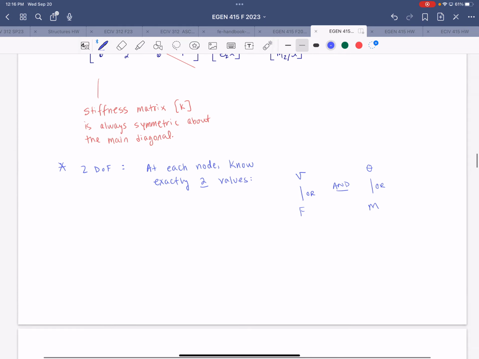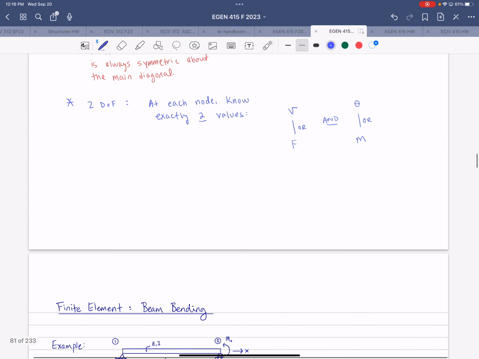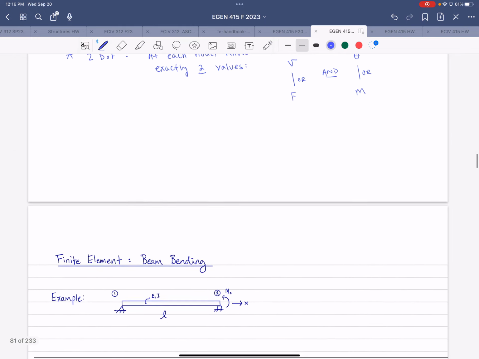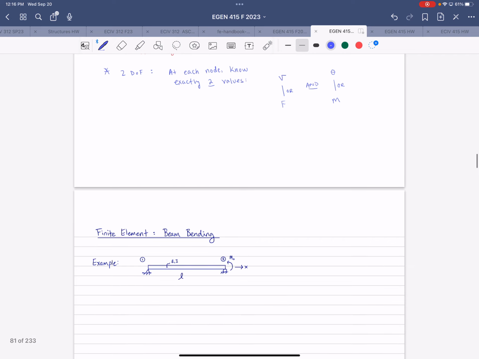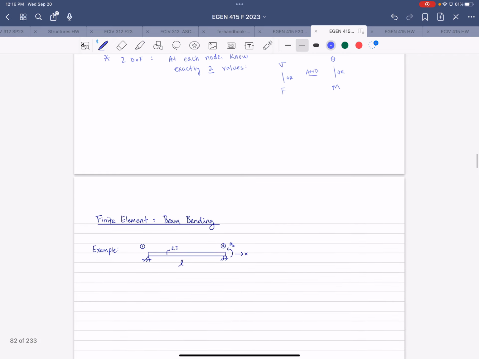So next we'll start an example. This is a very simple example, right? A simply supported beam with an applied moment at the right end. So this is a positive moment according to our sign convention, right?